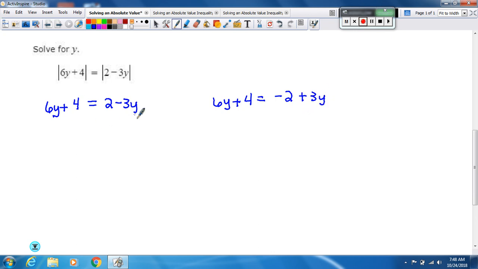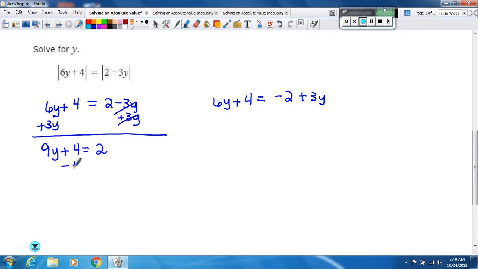So on this first equation, you have to add 3y to both sides because you've got to get your y's together. So 9y plus 4 equals 2, and opposites cancel here.